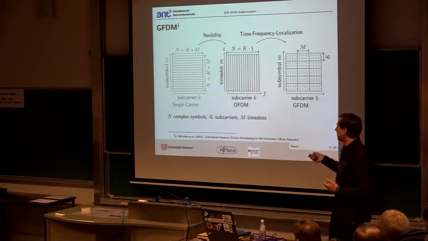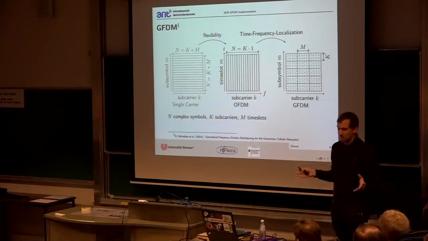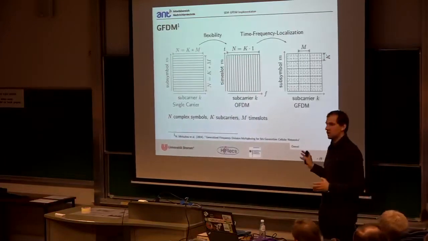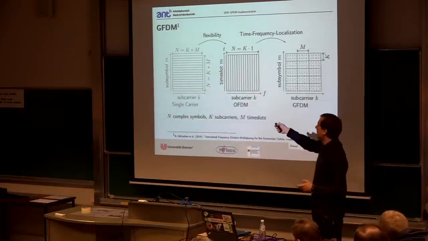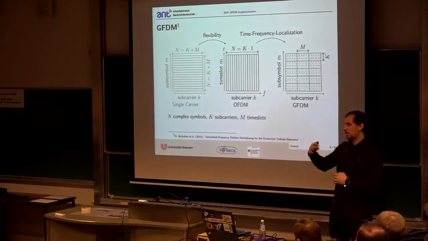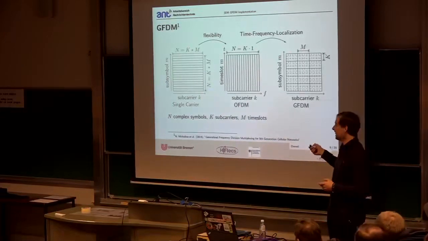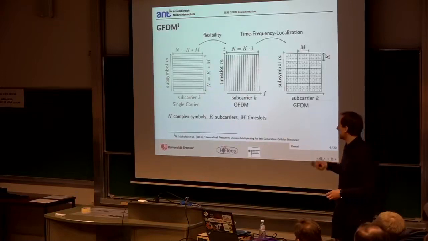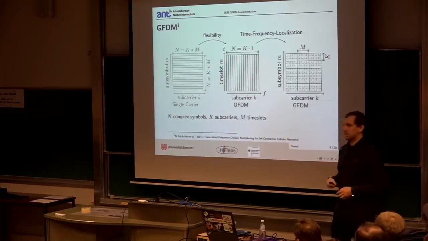So along came OFDM, which helps us solve a lot of problems here. And also, we got a lot more flexibility. Now, instead of dividing our resources in time, we just divide them in frequency. So we have low bandwidth subcarriers. Still, we can transmit N complex symbols at a time.